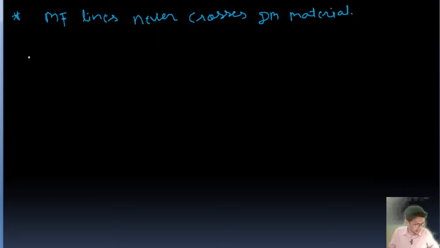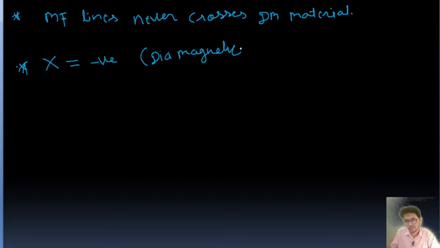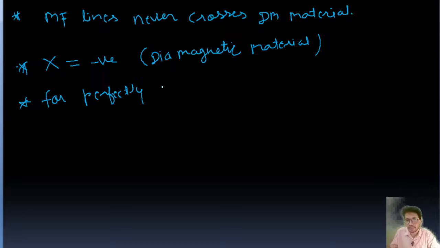Next point is that magnetic susceptibility chi is negative in diamagnetic material.